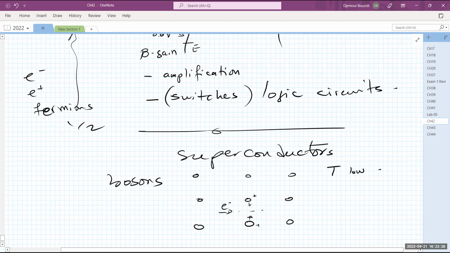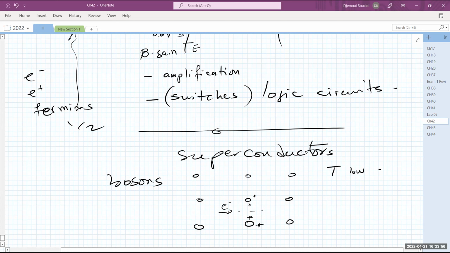This creates a net positive charge, this one moving closer and that one moving closer. So there is a concentration of positive charge in one region of the lattice. That excitation propagates in the entire medium, albeit with the speed of sound.